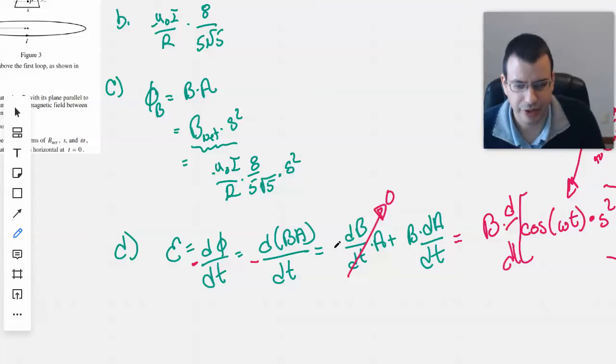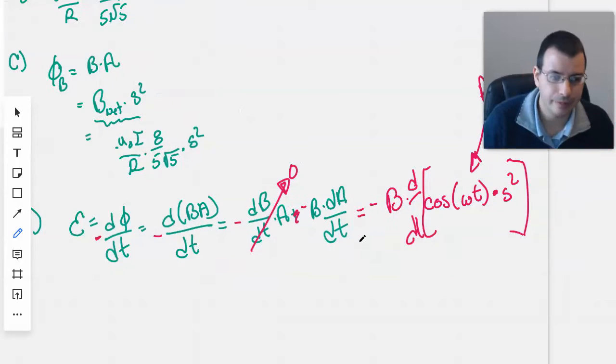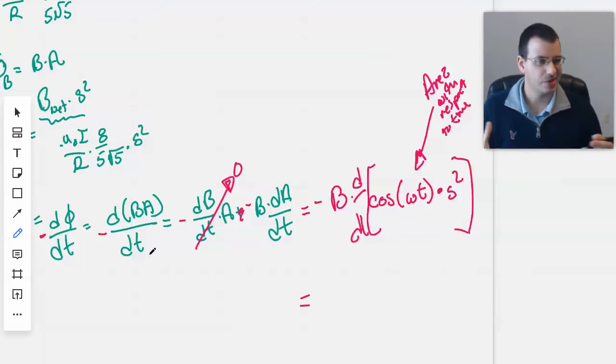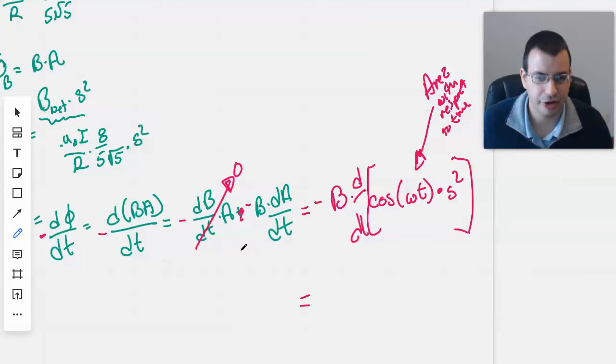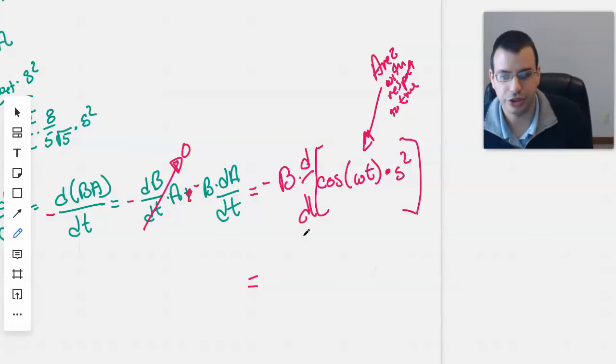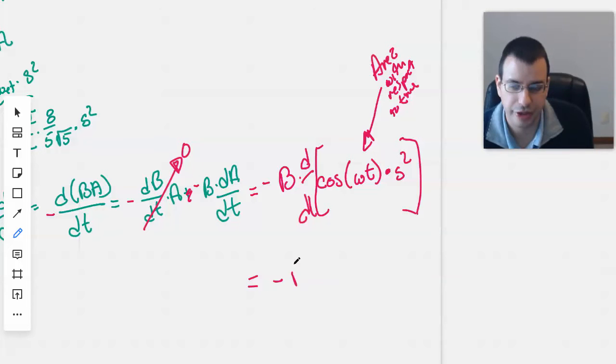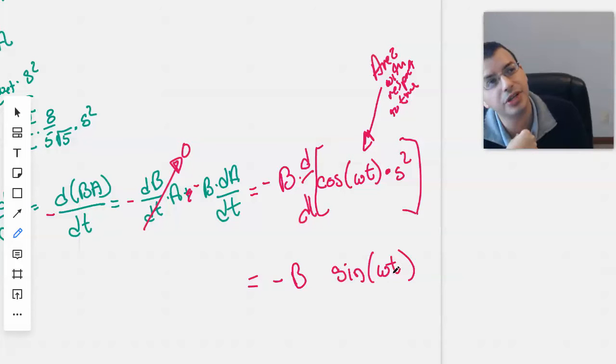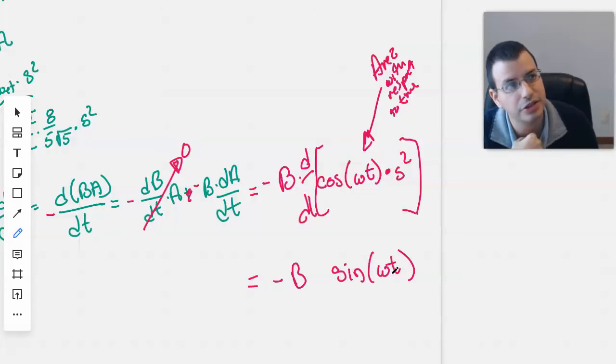There we go. Wonder why things felt funny. Okay, so now to find the induced EMF, which is basically just a voltage, a generator action, we need to take the derivative of cosine omega t, which is sine omega t. The derivative of cosine is sine.